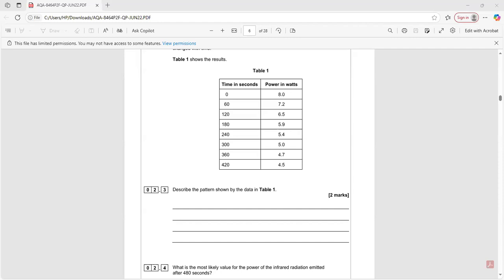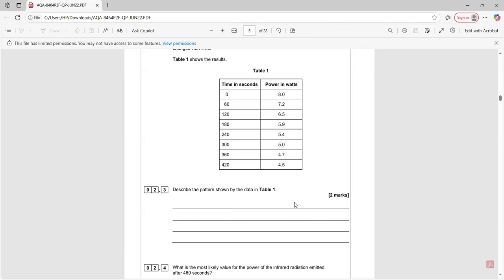Okay, so you know what I think? For us to answer this question, right? Can you see? Okay, so Noah, I want you to take a look at this very well. Did you say as the time increases, power in watts increases too or reduces?